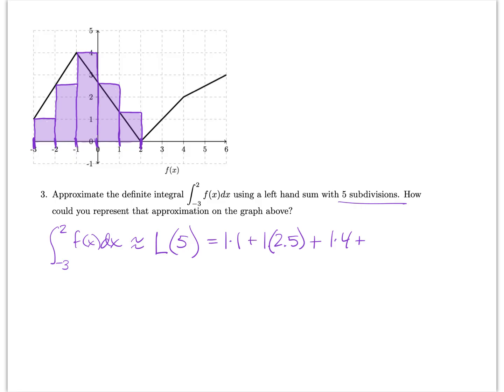My fourth rectangle has a base of 1 and a height of maybe 2.6. So it looks like maybe it's a tiny bit higher than this one over here. And then my last rectangle has a base of 1 and a height of maybe 1.4. And that comes out to 11.5.